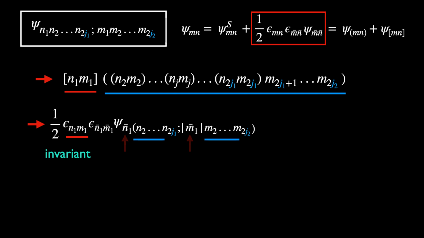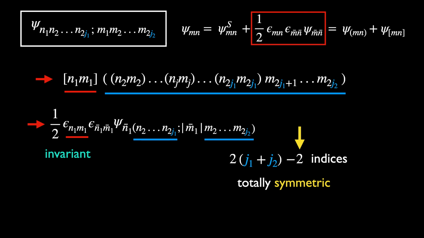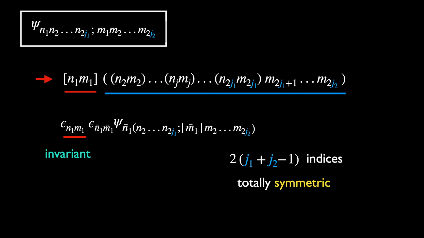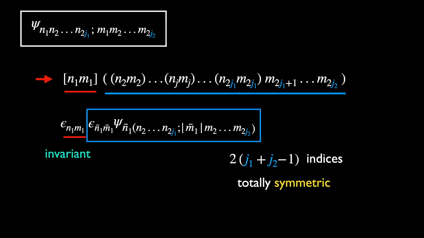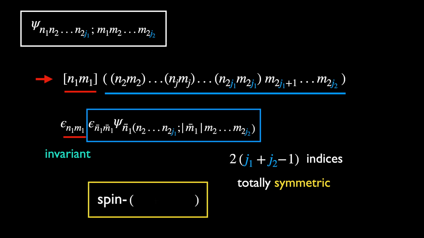The rest of the indices belongs to a totally symmetric tensor with 2 j1 plus j2 minus 2 indices. Let's drop the half in front because it is irrelevant to our discussion. This tensor in the blue box belongs to the spin j1 plus j2 minus 1 multiplet.